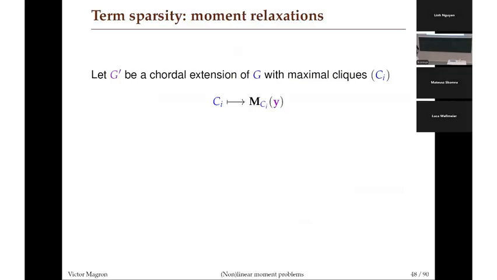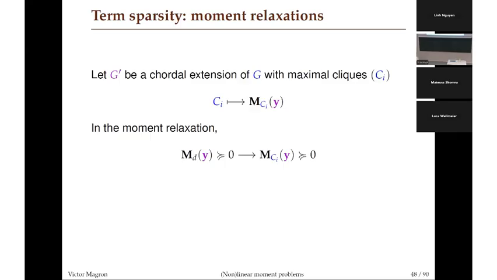And then, what happens in practice is that you build your graphs, and then you take the cliques of this graph, and you index every moment matrix by this clique. So you will basically block diagonalize your moment matrix. I will show you right after some examples.